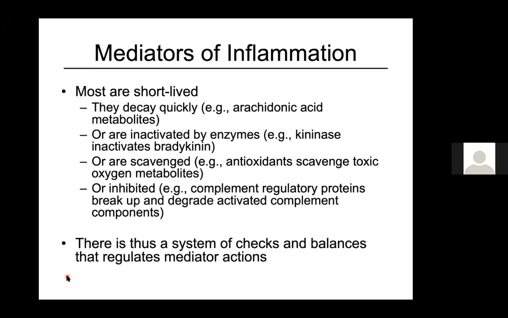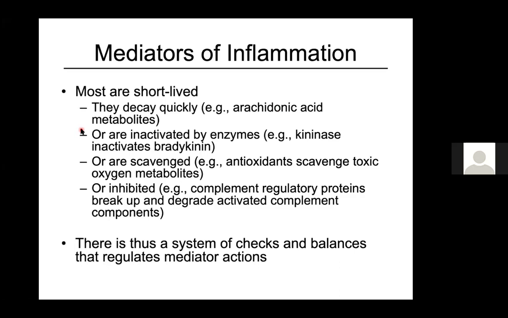So you can either get amplification of one response or counteraction, depending on what mediators are involved. These mediators, most of them tend to be short-lived, okay? So for example, your cytokines have a very short half-life, so they decay quickly. Also the arachidonic acid metabolites like the prostaglandins. I'm sure you've covered this very well in physiology and in pharmacology. They can also be inactivated by enzymes.